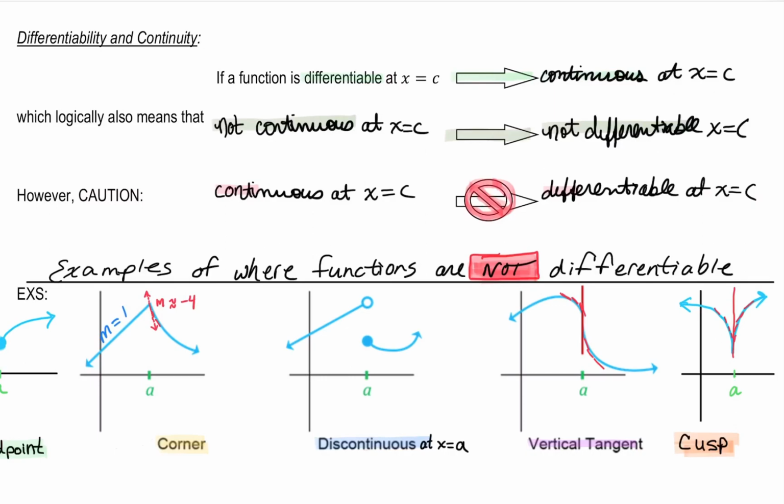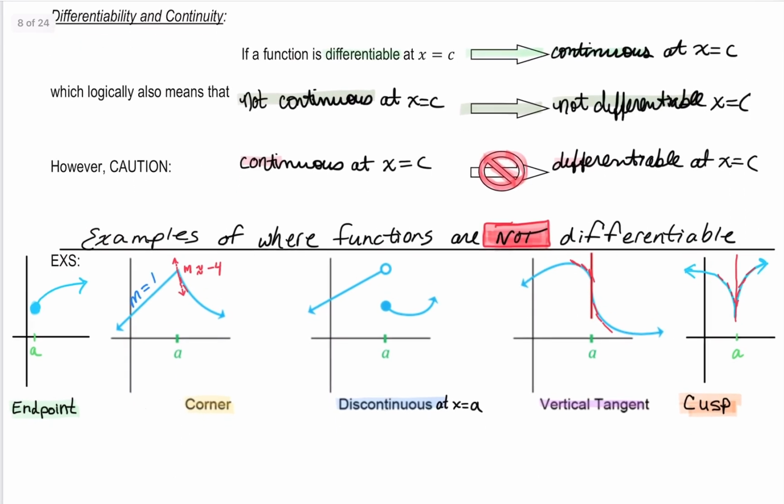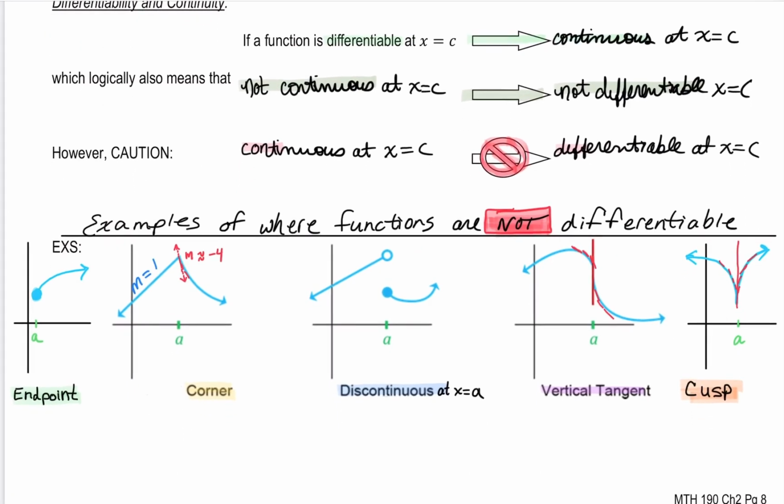All right, so what I really want to get to is these examples here on the bottom. I want to get to these different examples where a function is not differentiable. So let's start with the example that we kind of left off with up here on the top, which basically was observing that if a function is not continuous, then it's not differentiable.